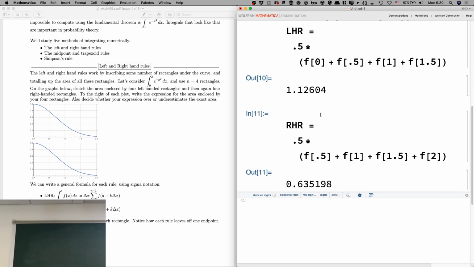The left-hand rule is a gross overestimate, right? And how do you know that? Well, because each rectangle overshoots the function. And what about the right-hand rule in this case? It's a gross underestimate. Its rectangles are all under the curve.